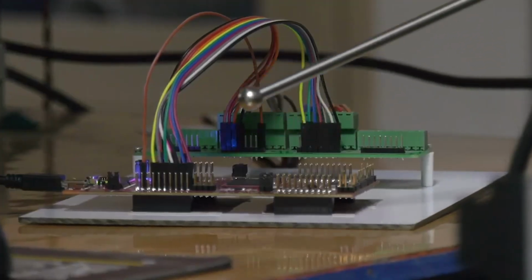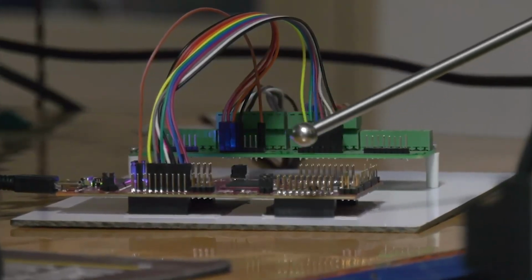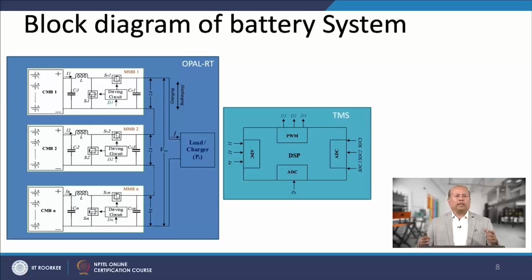A TMS board is equipped to generate the desired PWM signals. The TMS board, which takes the input from the Opal RT currents, SOCs and power demand PD, generates D1, D2, D3 duty cycles based on the algorithm flashed into the microcontroller.